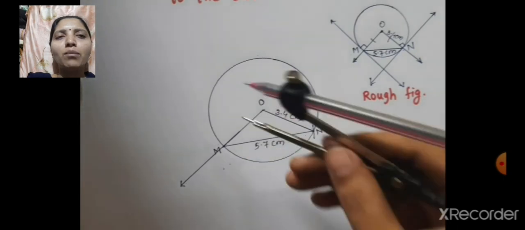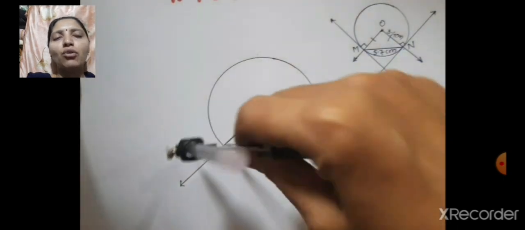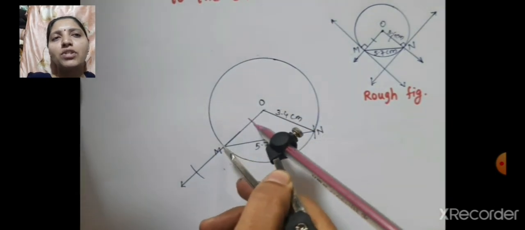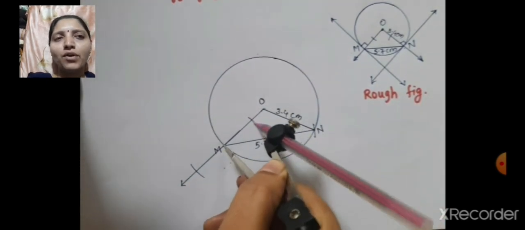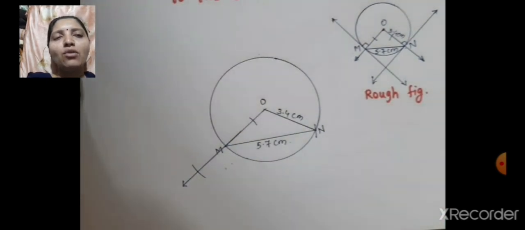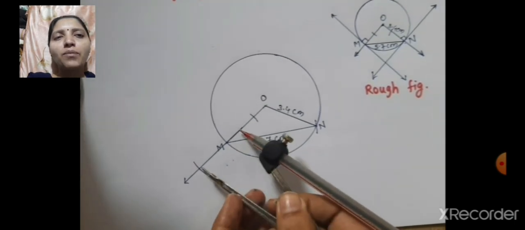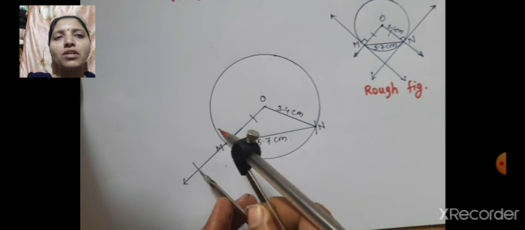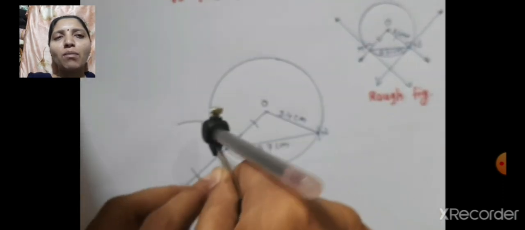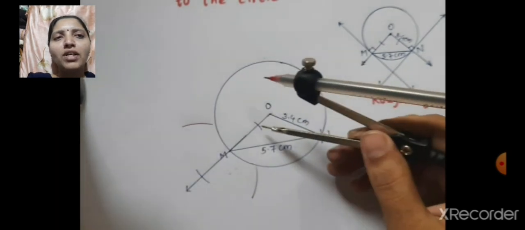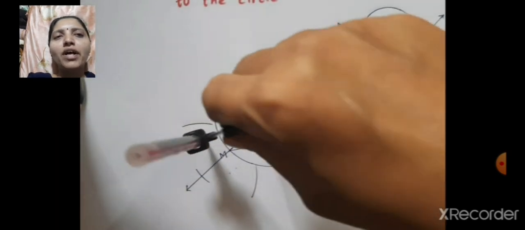Now with the help of the compass you are going to mark two arcs on both sides of point M. Now you have to take more than half the distance in the compass. Put the pointer here and draw one arc above and one arc below. Similarly, you draw the intersecting arcs above and below.